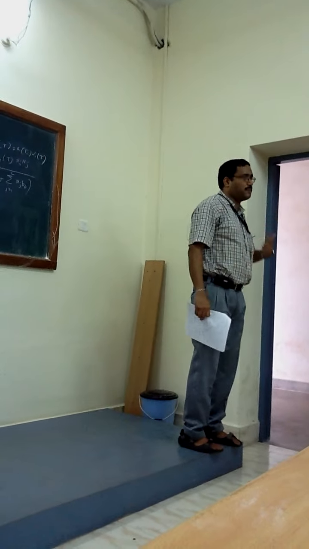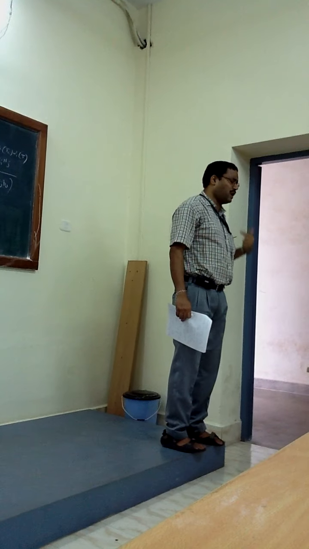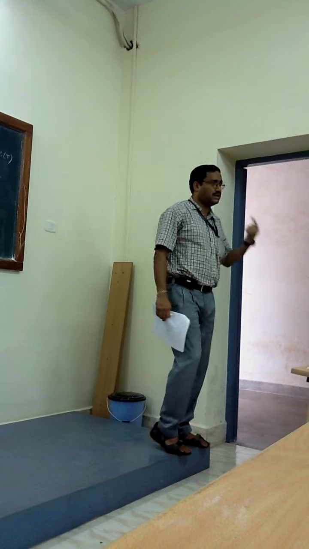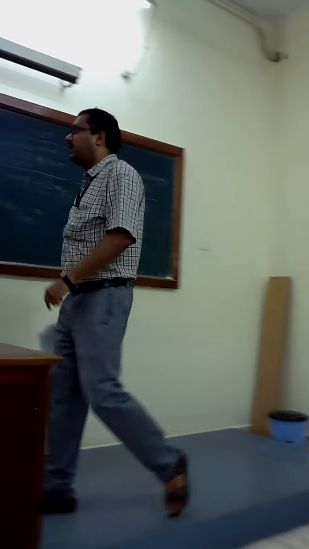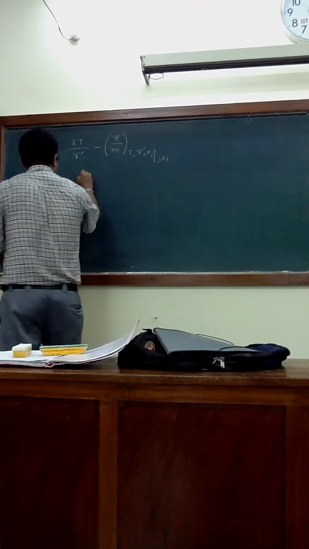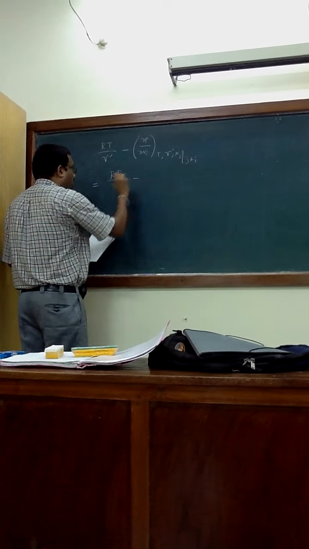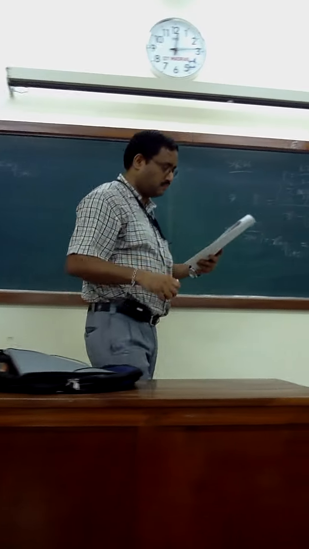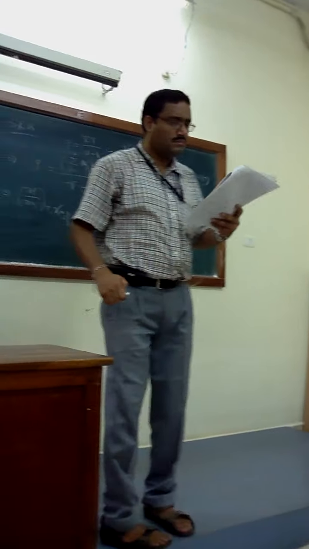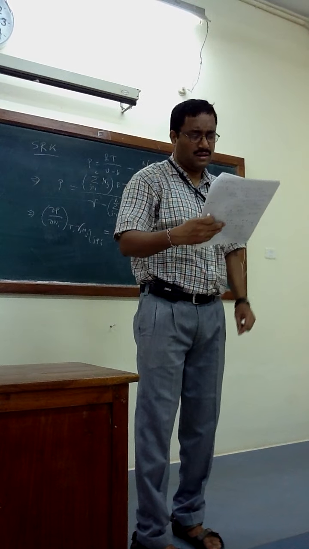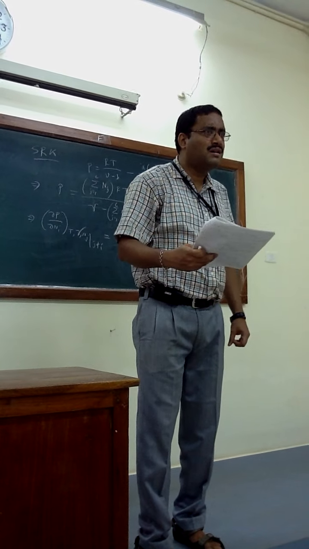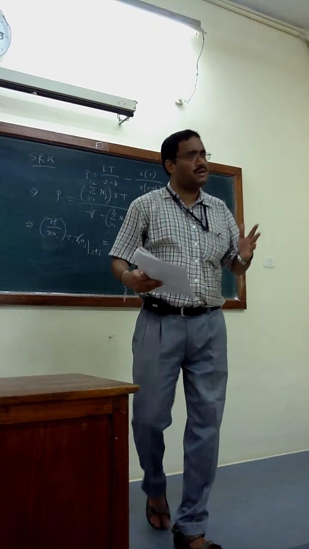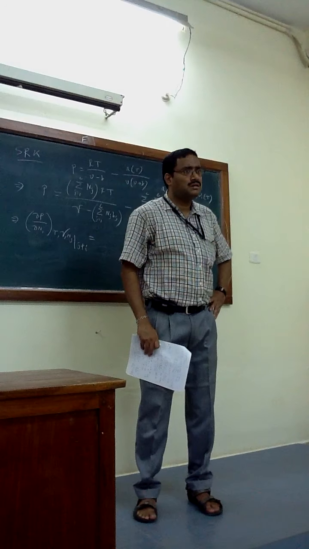The integral has RT by V prime minus dou P by dou n_i at T, V prime, n_j, j not equal to i, dV prime, minus RT ln Z, right? So what will be the terms? RT by V prime minus nB. Sir, what are you talking, nB? I don't think you are talking sense.